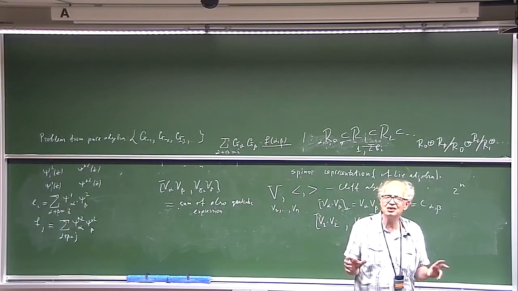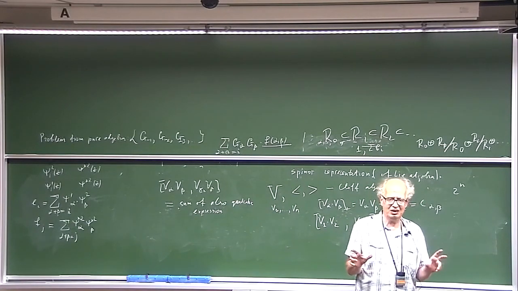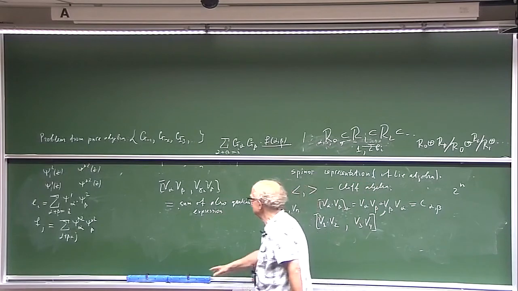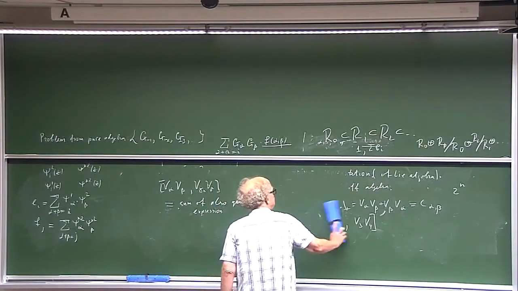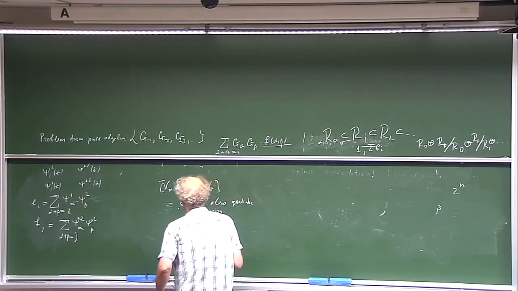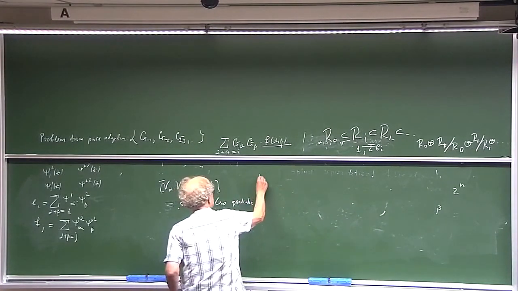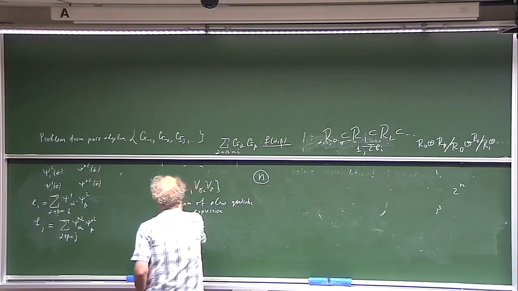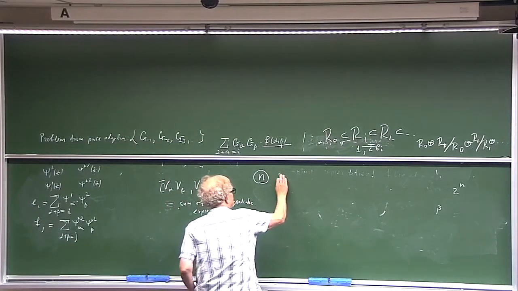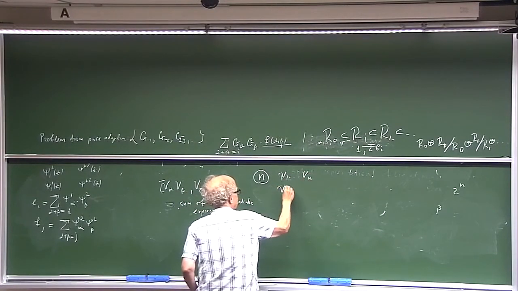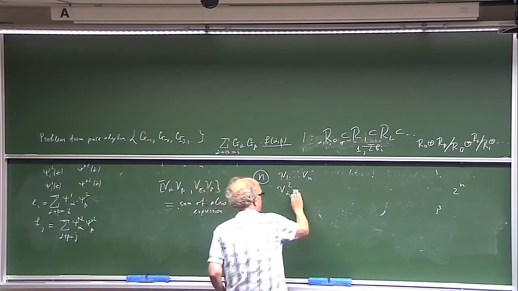Then this is the question, what kind of Lie algebra do we get? Let us say that we have an n-dimensional space. If we have basis V1 and so on, Vn, we know that V alpha squared is this number.